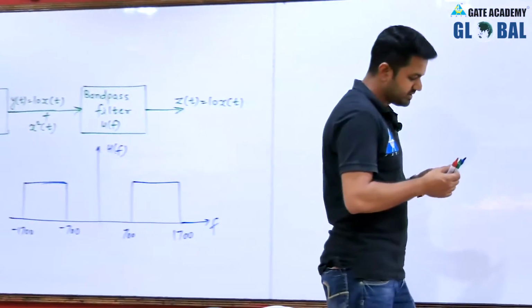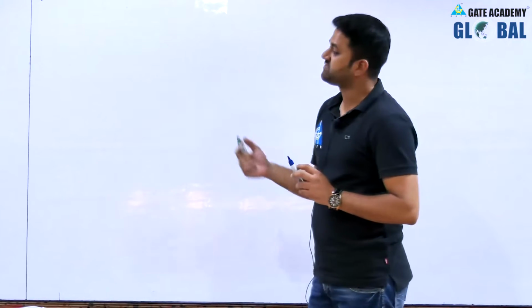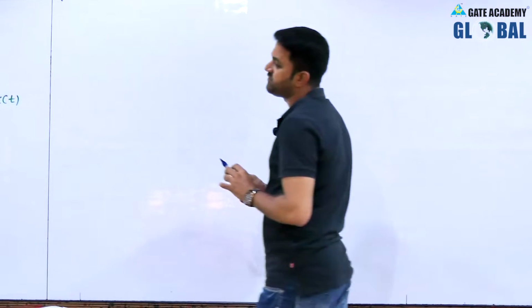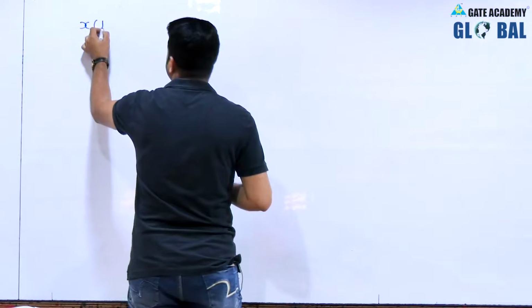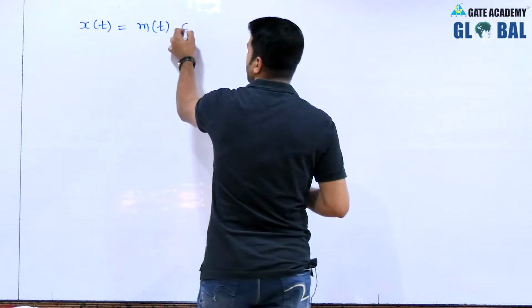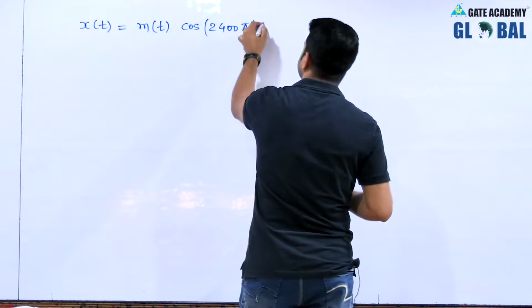So, x(t) is the Fourier transform of m(t) cos 2400 pi t. Let's calculate the Fourier transform of m(t) cos 2400 pi t.